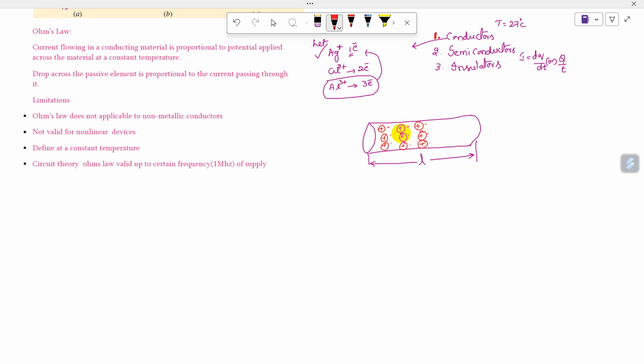So like this, the whole conductor has free electrons. Now the cross sectional area is A.